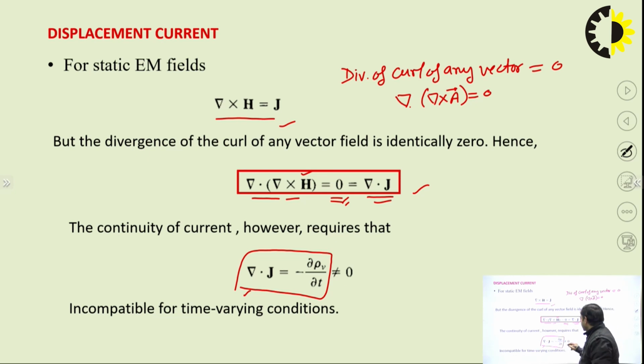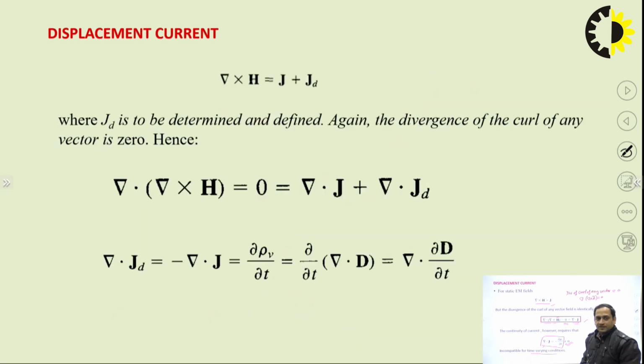At what condition is this 0? It will be 0 when rho v is constant, or in a charge free region, so no impurity can be included into the substrate. So it is compatible only with the time invariant case. When we have a time varying field, it cannot be 0. So what change can we make?